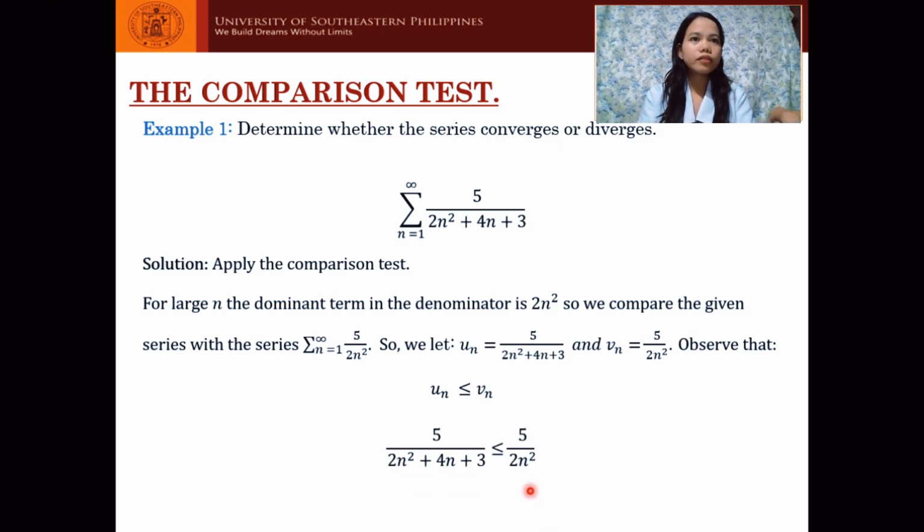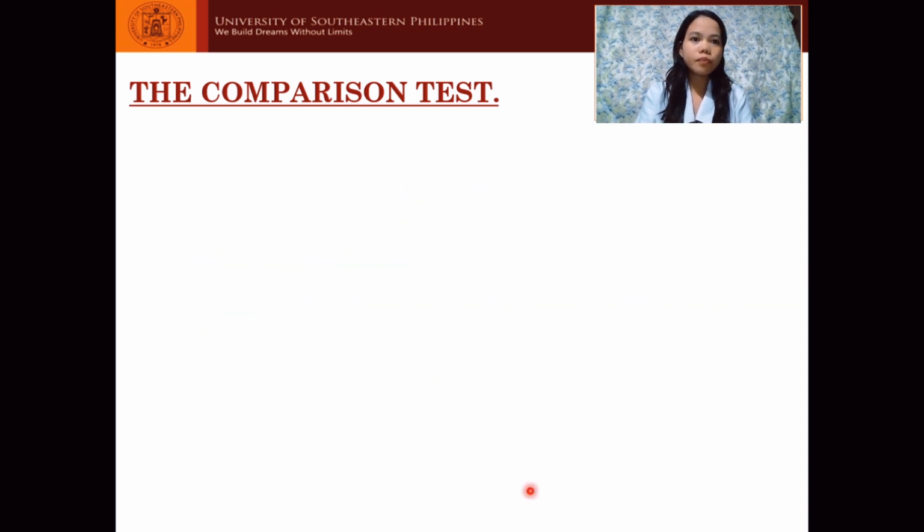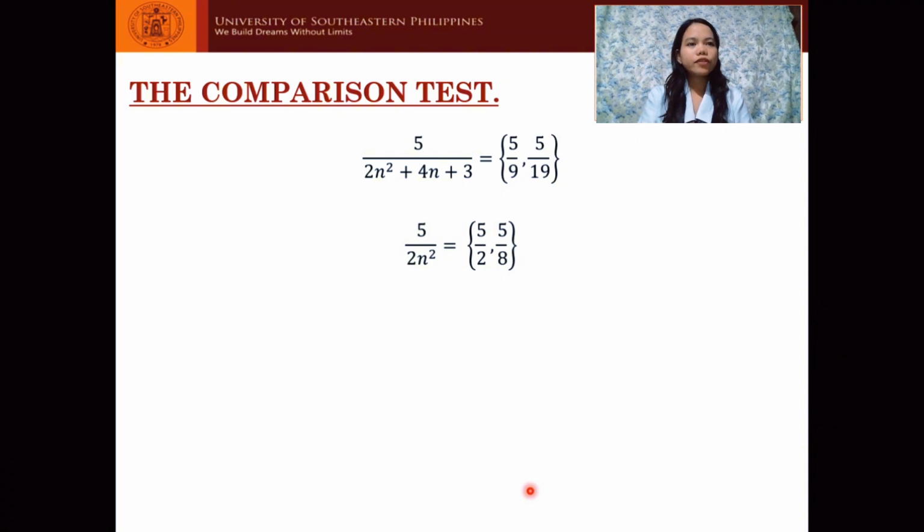We are going to write the first two terms to help us compare the two series. The first term for the given series is 5/9 and 5/19. For the next term, we have 5/2 and 5/8.